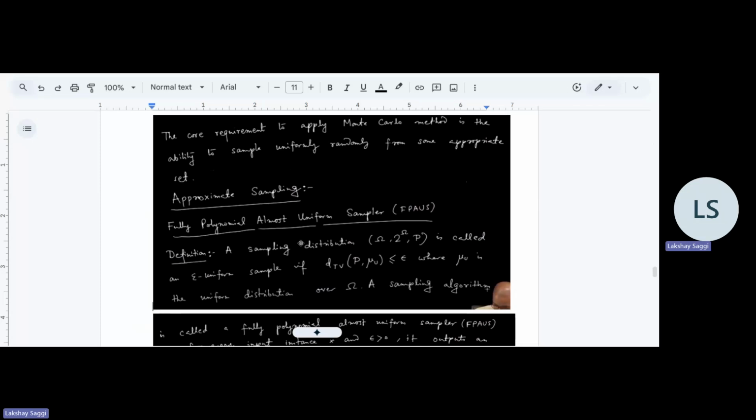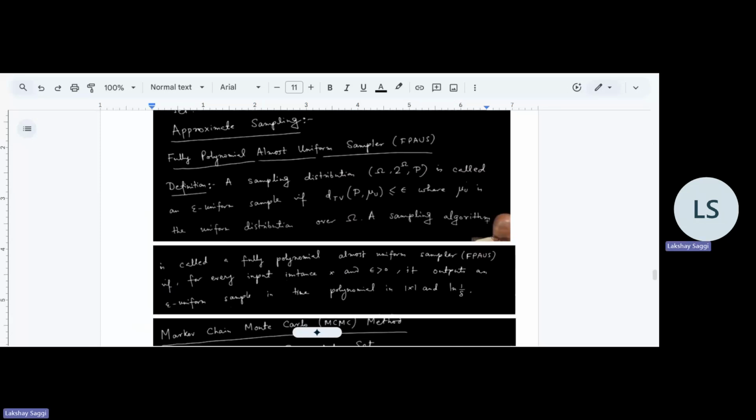And here there is a notion of a fully polynomial almost uniform sampler. A sampling distribution is called an epsilon uniform sample if the total variation distance between our distribution P and the uniform distribution mu over the space omega is less than or equal to epsilon.